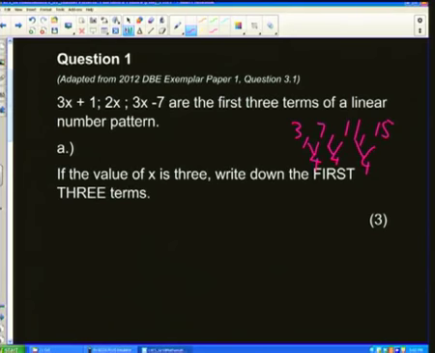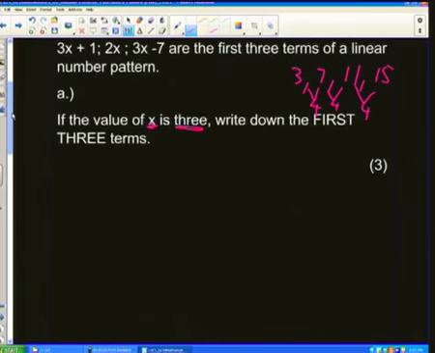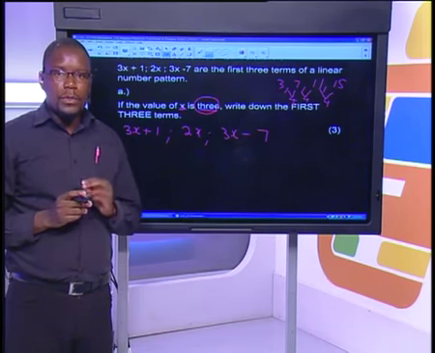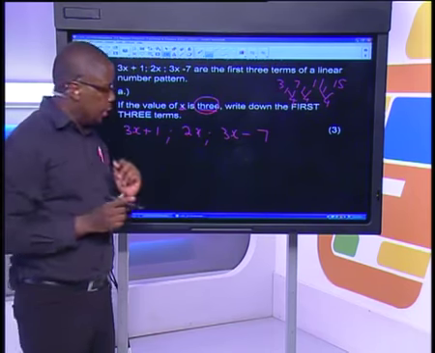All right, so now this is the same thing. They're making our life very easy. They're saying if the value of x is 3, write down the first 3 terms. Now, guys, you are given 3x plus 1, 2x, 3x minus 7. We are told that the value of x is 3, so in the place of x, we substitute 3.